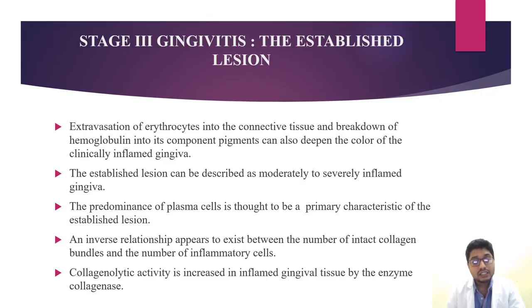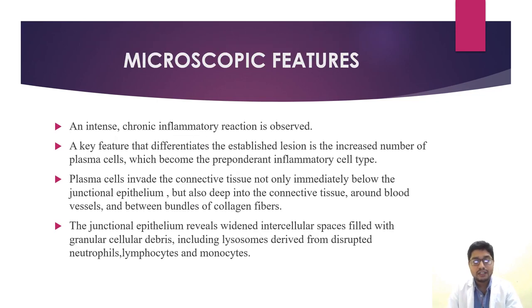Collagenolytic activity is increased in inflamed gingival tissue by the enzyme called collagenase. So microscopically, you can see an intense chronic inflammatory reaction over that area. A key feature that differentiates the established lesion is the increased number of plasma cells, which become the predominant inflammatory cell type.